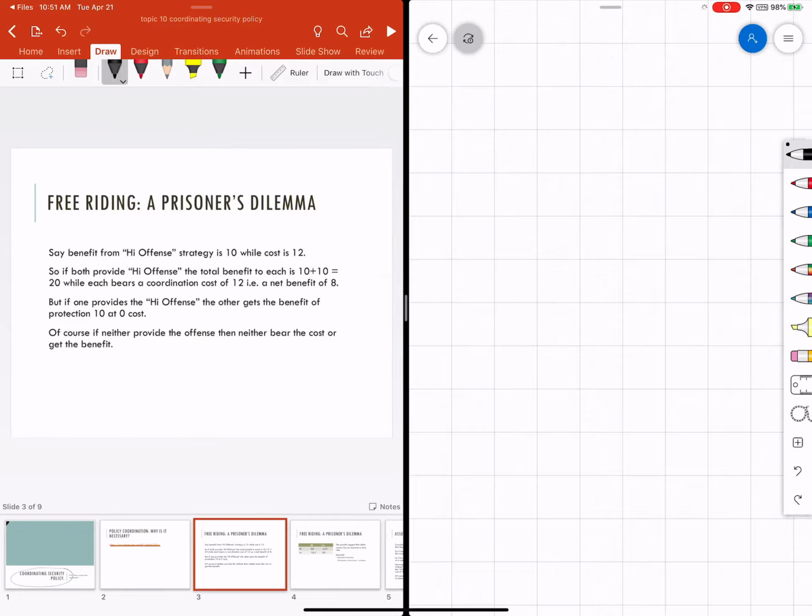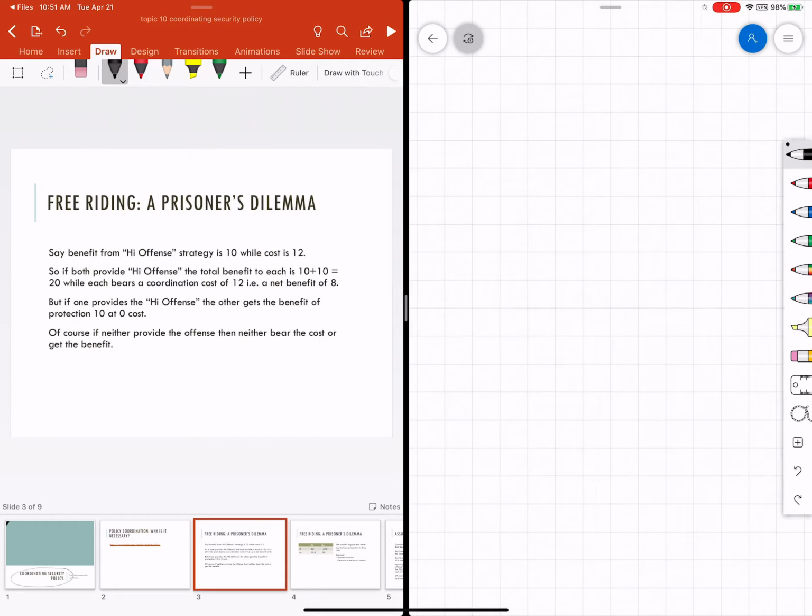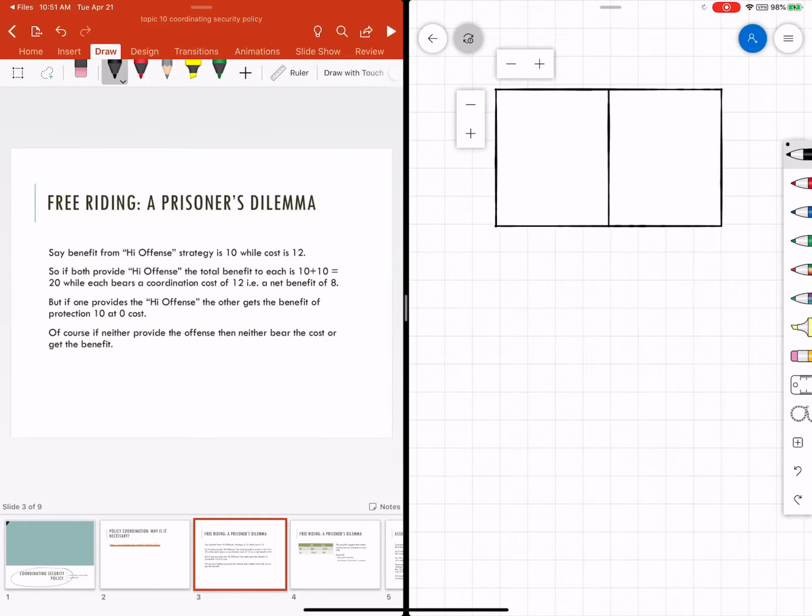So let's say that we have this possibility of coordinating policy, and that would imply that some of these people are going to choose to have some good cooperation, and let's call that, in the context of this, high cooperation or high offense, whichever way you want to look at it, and low cooperation.